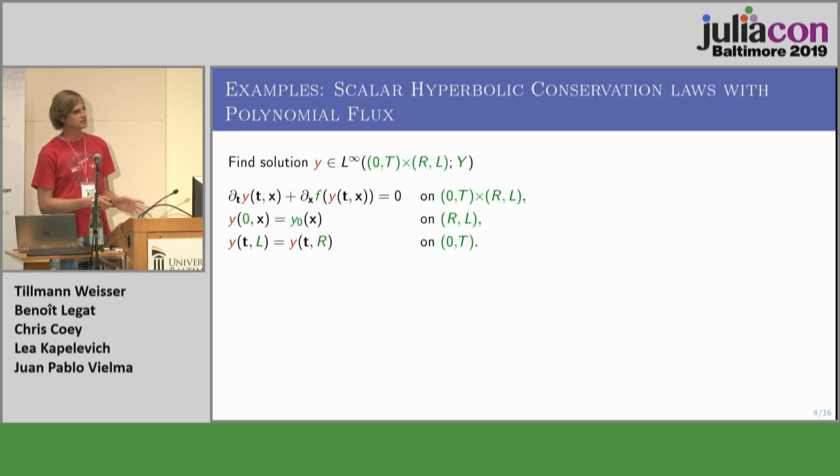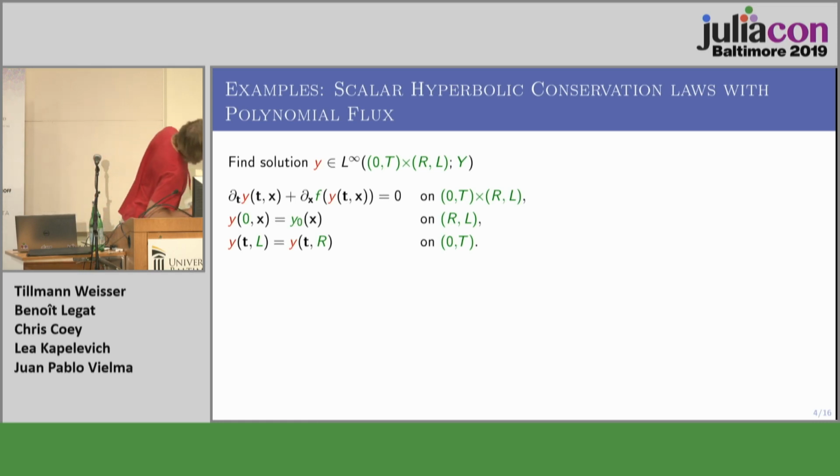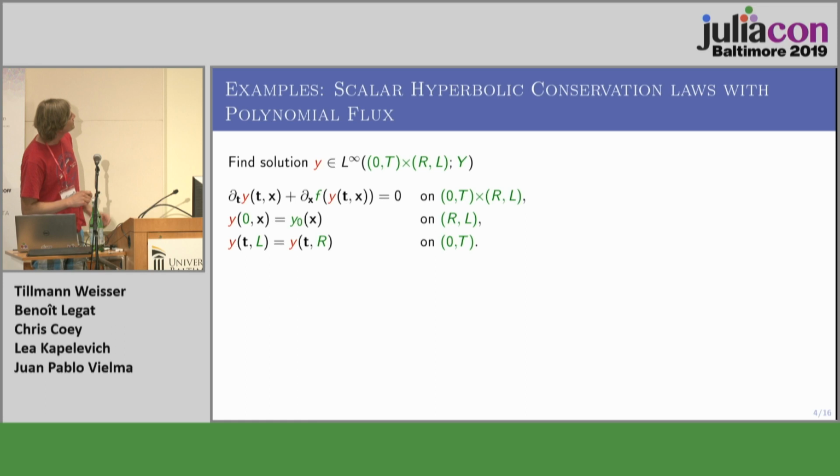So the next example is partial differential equations. You don't see everything here, but there's not much missing. Basically, we can consider scalar hyperbolic conservation laws, where you're searching for an L infinity function y that satisfies this differential equation.